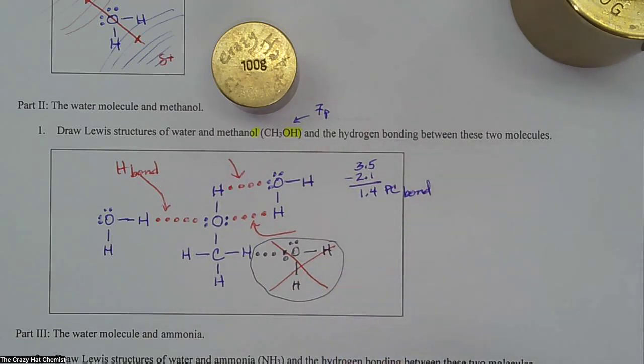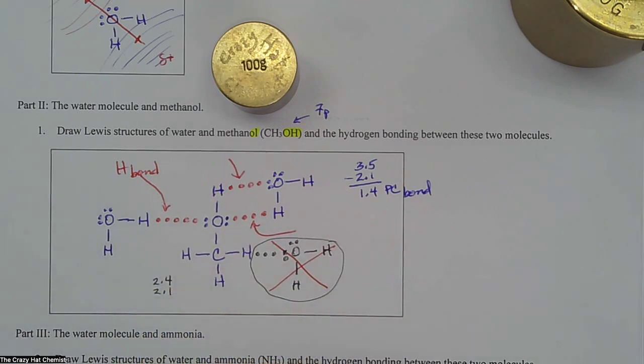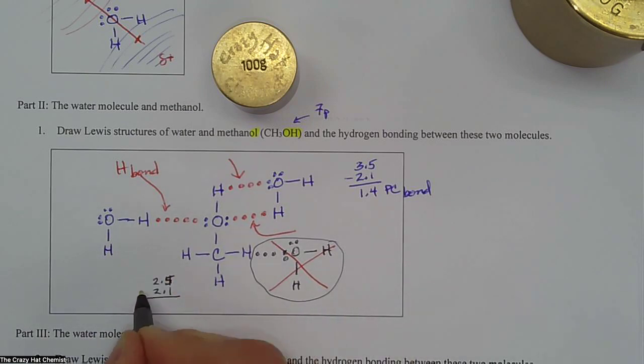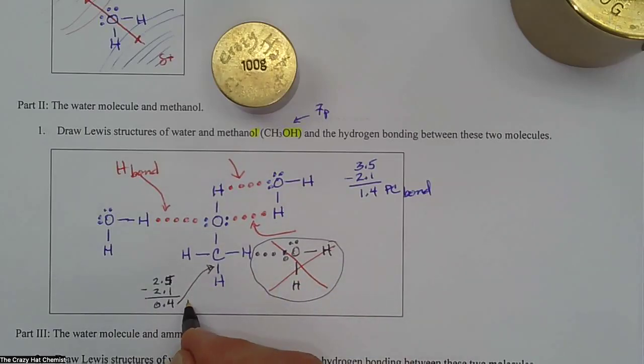Now, the problem here is this carbon has a value of 2.4 and the hydrogen has a value of 2.1. Okay. Some people think that the value of carbon is 2.5. So either way, we'll just go for that one. And then our difference in electronegativity is 0.4. So that means that this bond right here is a covalent bond and not a polar covalent bond.